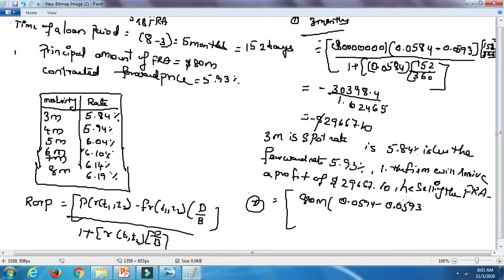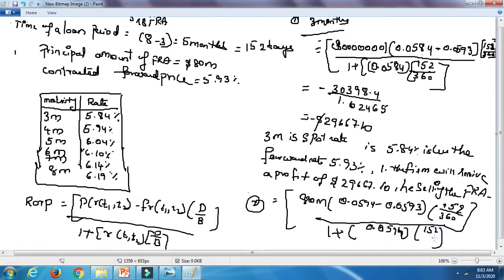The substitution will be the same, into 152 divided by 360, divided by 1 plus 0.0594 into 152 divided by 360.